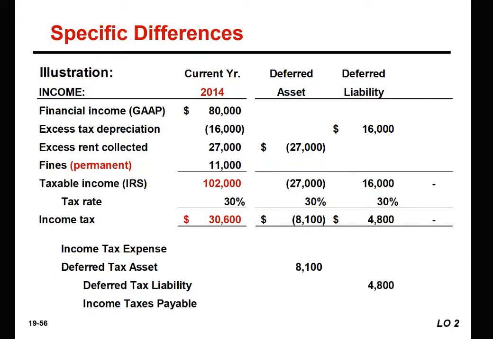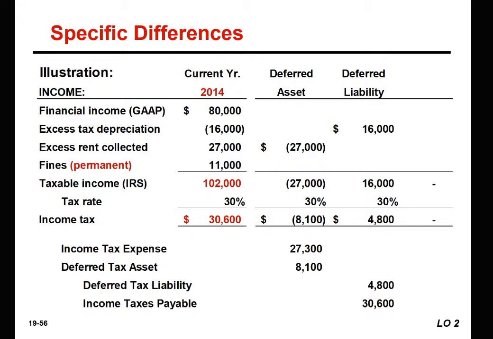We recognize $4,800 as an increase to the deferred tax liability. We have income taxes payable of $30,600, giving us a plugged amount of $27,300 for our income tax expense for financial reporting purposes for the current period.